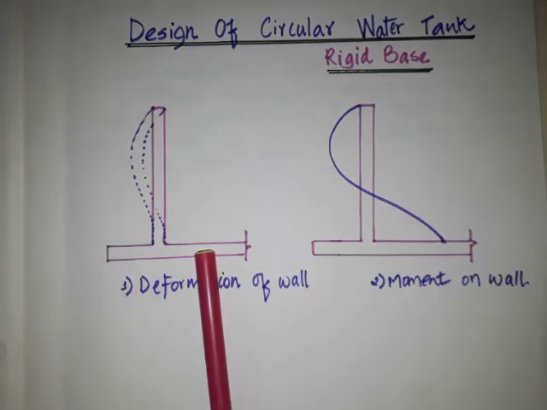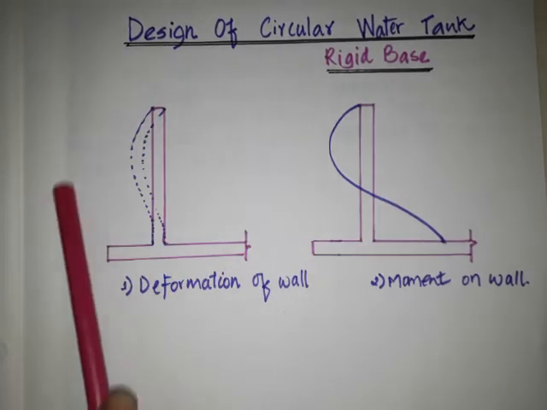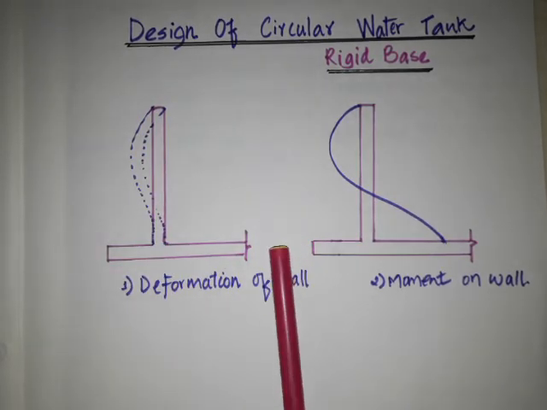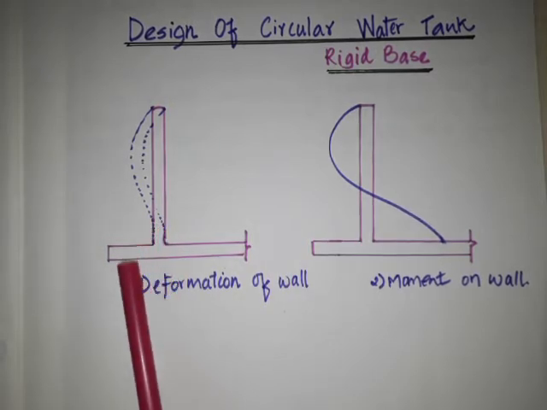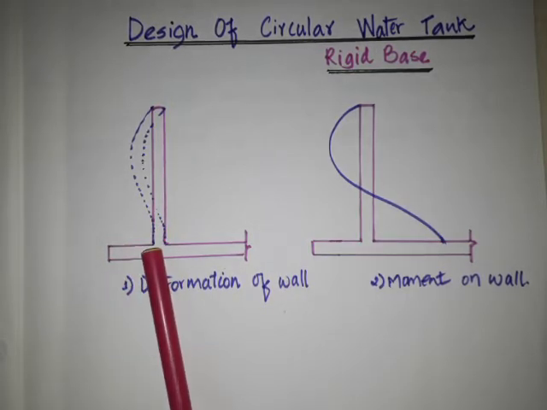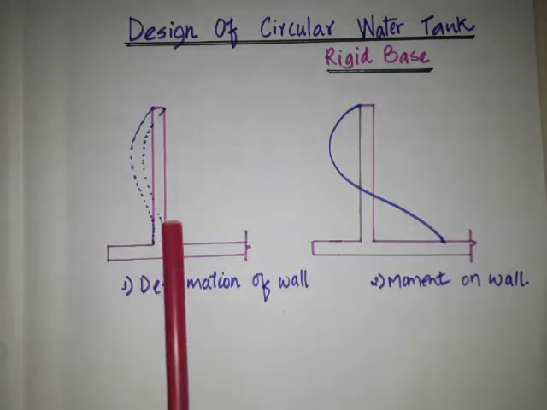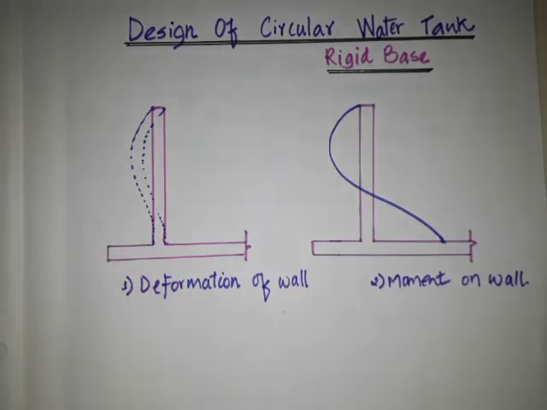So you have to understand here that the behavior of the water tank will change based on the rigidity or the fixity at the end of the connection, at the bottom of the wall. That is very important.